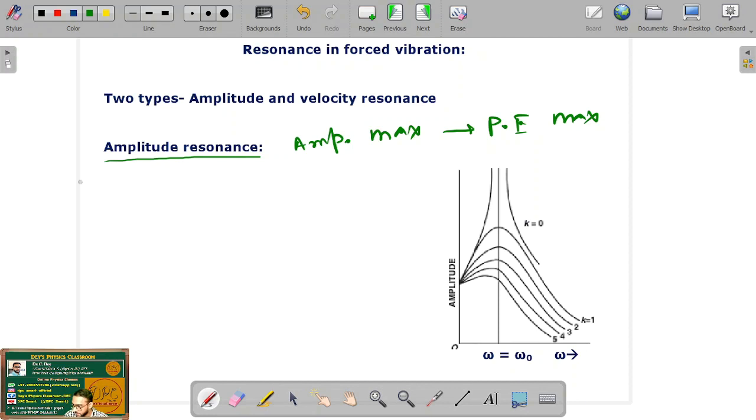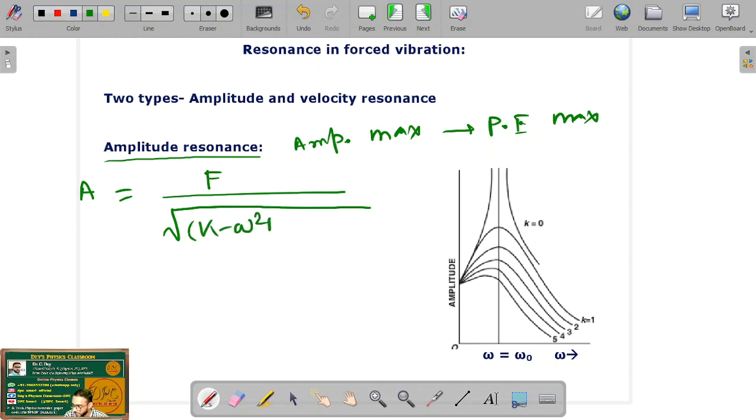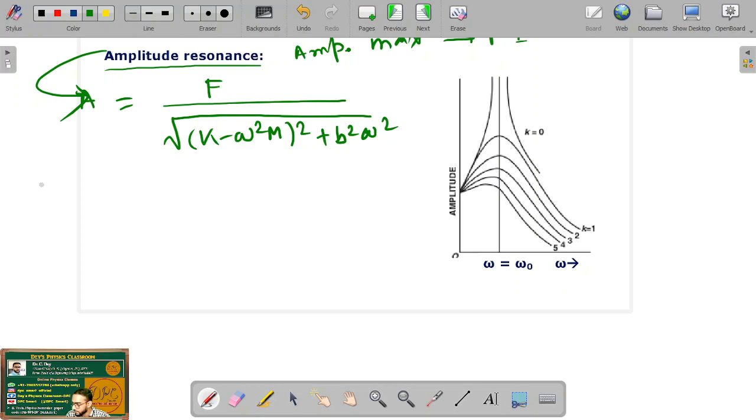Now the expression for amplitude in case of forced vibration is A equals F divided by under root (k minus omega square m) whole square plus b square omega square. This is the expression for amplitude. Now for amplitude to be maximum, the denominator part should be minimum.